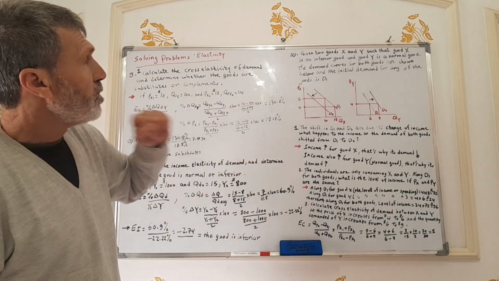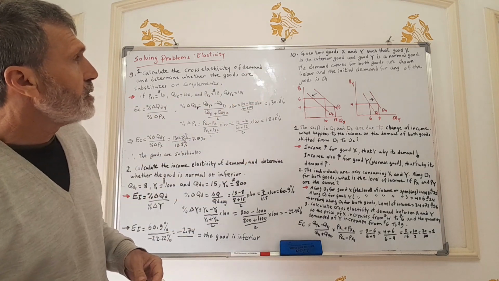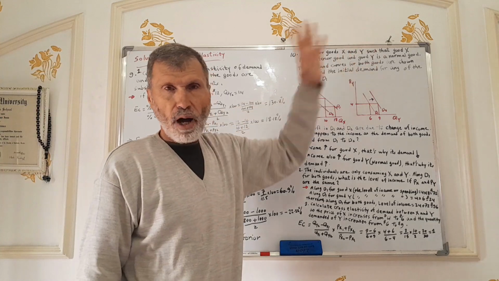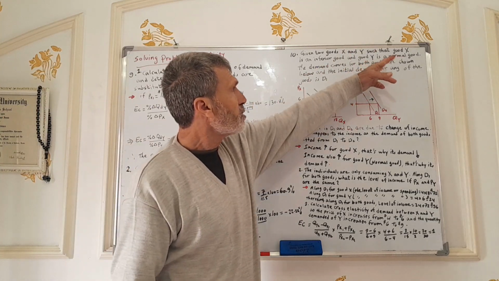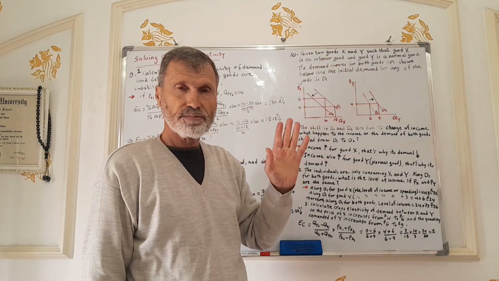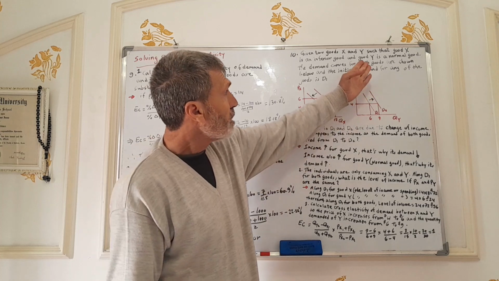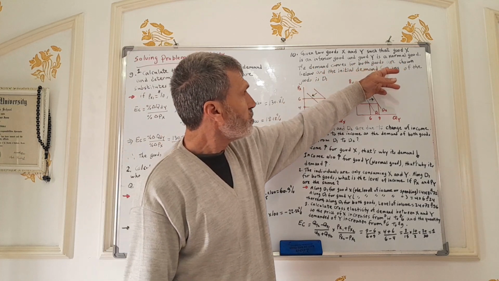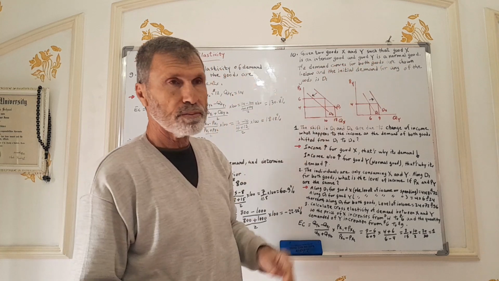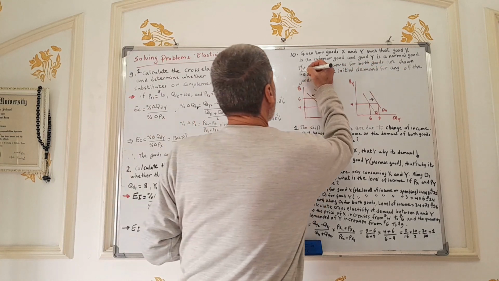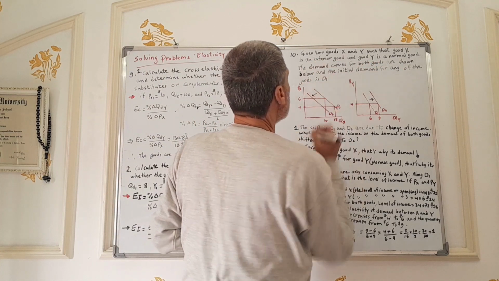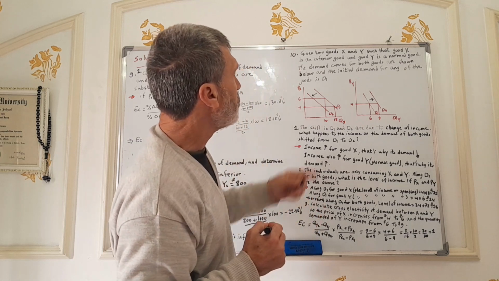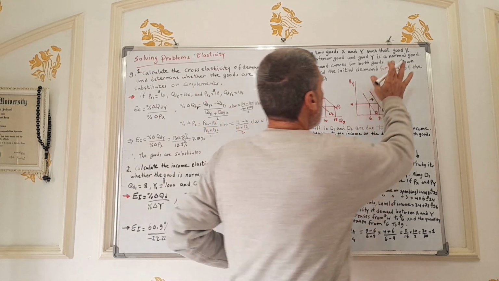Now we move to problem number 10. It says, given two goods, X and Y, such that good X is an inferior good and good Y is a normal good, the demand curves for both goods are shown below.